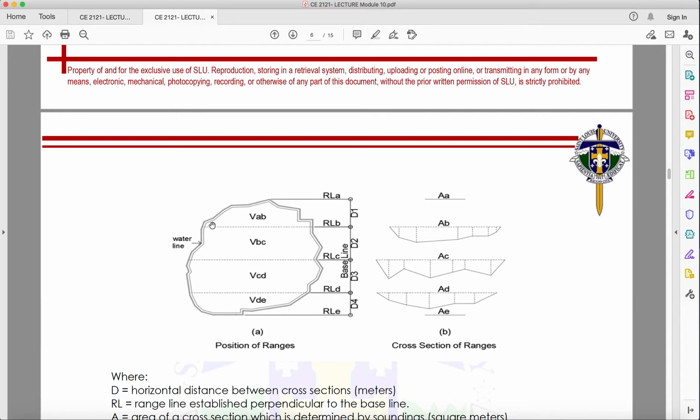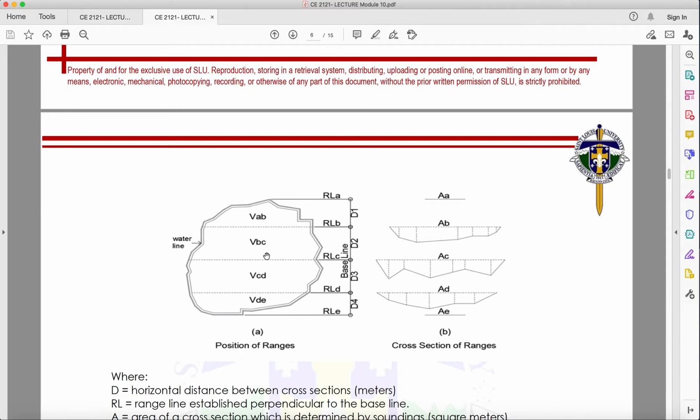okay, so this area, ito yung kanyang cross-sectional area. So ito yung lalim niya. So this is the water surface. Ito yung itsura ng ilalim. Okay? Now at this line, at this RCL, itong RCA, wala tayong depth because nasa dulo tayo ng reservoir. Dito tayo sa RLB, we have this.